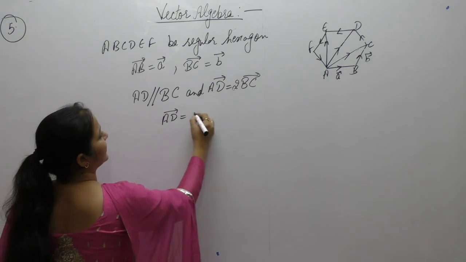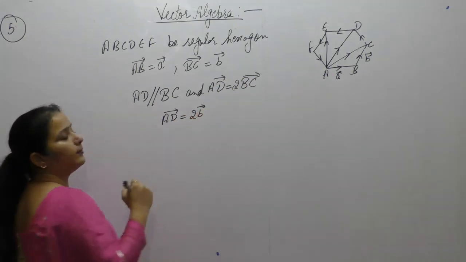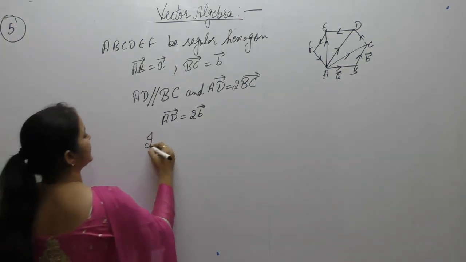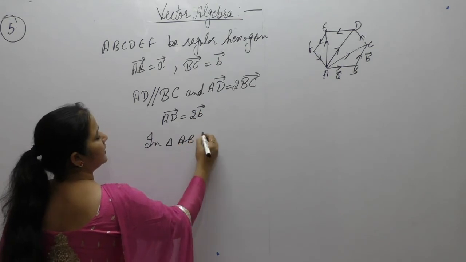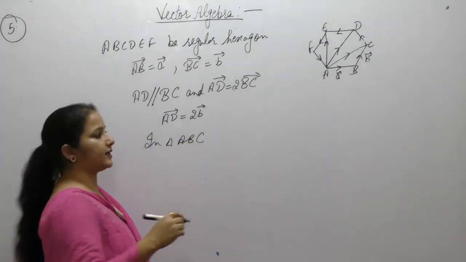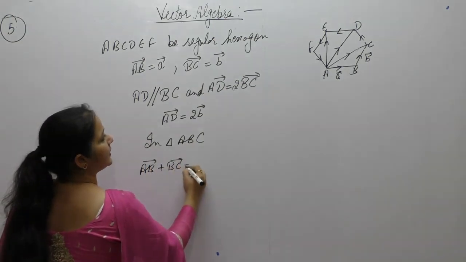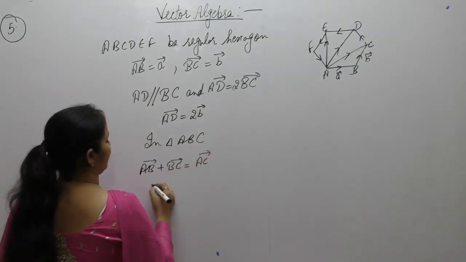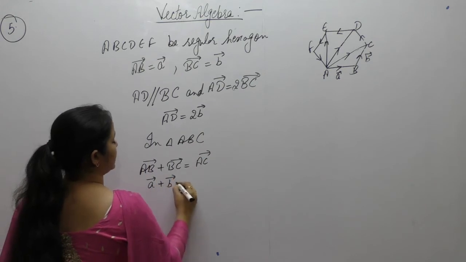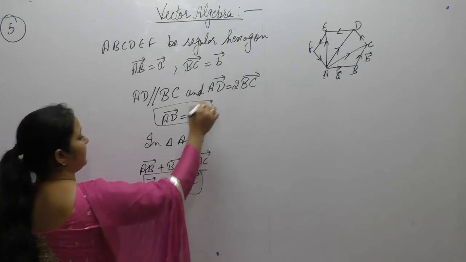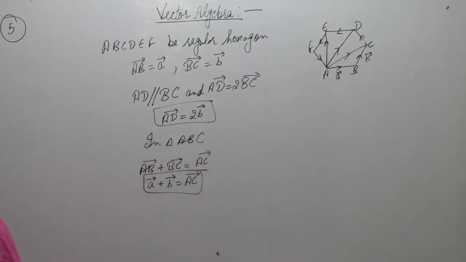Therefore, AD vector is 2B vector. Now, in triangle ABC, by triangle law of vector addition, AB vector plus BC vector is equal to AC vector. So, AC vector is equal to A vector plus B vector.